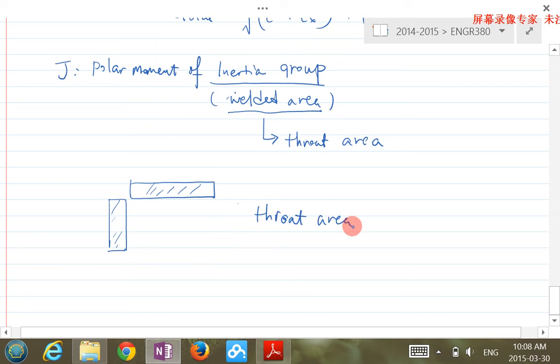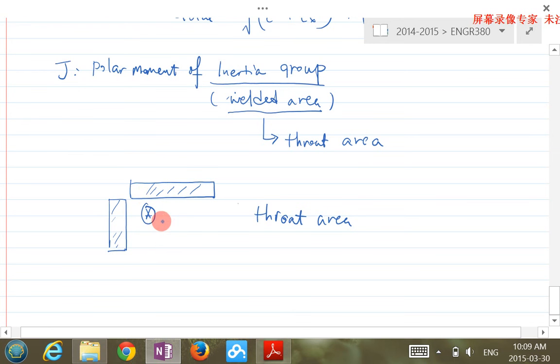If this is the throat area, and this is the centroid of the two areas, basically the center of mass, but this area has no mass, so that's the centroid here. Then J is the polar moment of this total throat area about this centroid.